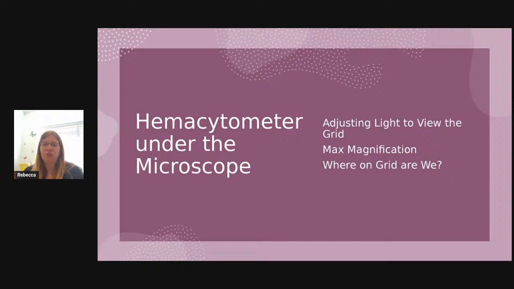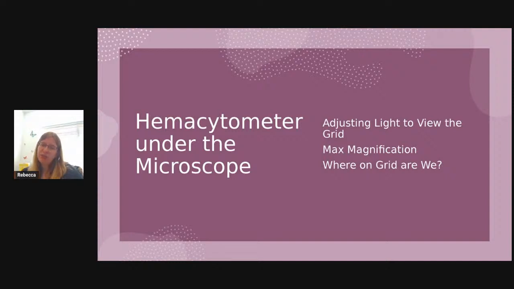And so just a reminder that Sundays from 5:30 to 8:30 up here in our Gen Bio labs, so that's Johnson 244, there's always TAs available, and you could come in this Sunday or the following Sunday before your lab practical to practice trying to adjust the light to be able to view a hemocytometer grid under the microscope.